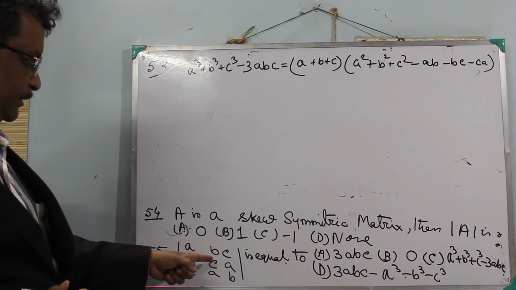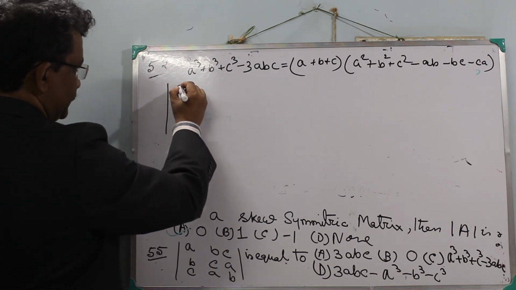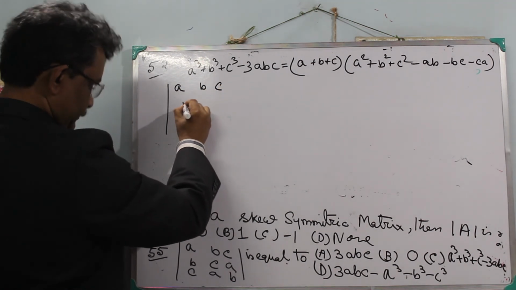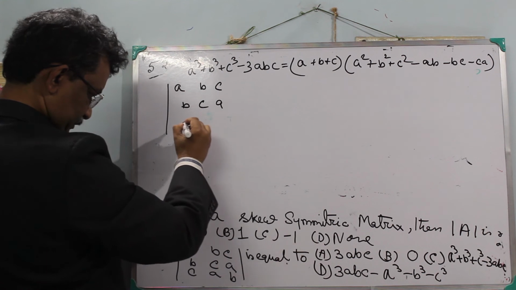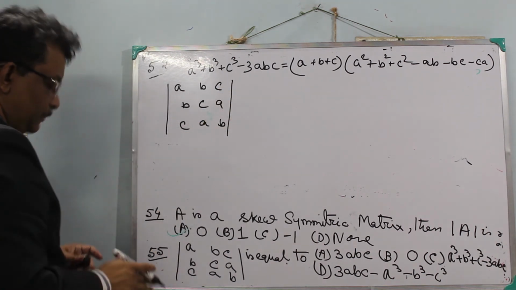So here this is a matrix. Let me write the matrix. Determinant with rows A, B, C; B, C, A; and C, A, B. This is a determinant. What is its value?